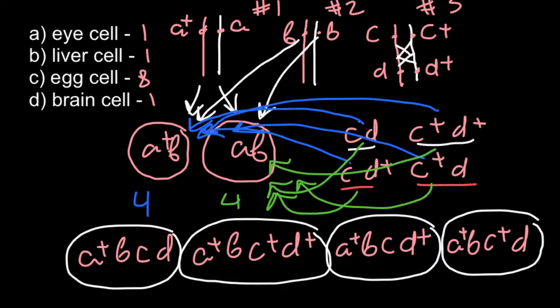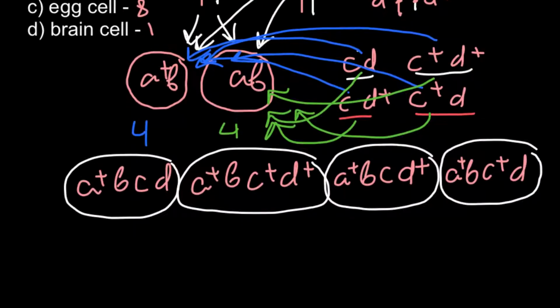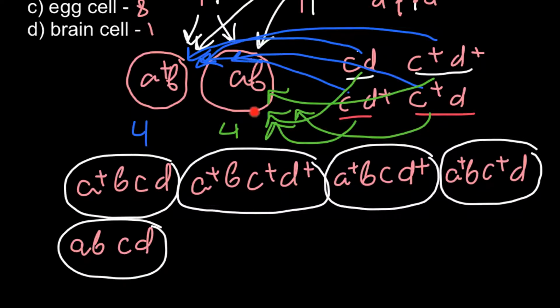And the same we can do once again with all these 4 variants. So we are going to get 4 variants of the genotypes here. So AB would combine with CD. So AB with CD, and another variant AB with C plus D plus.